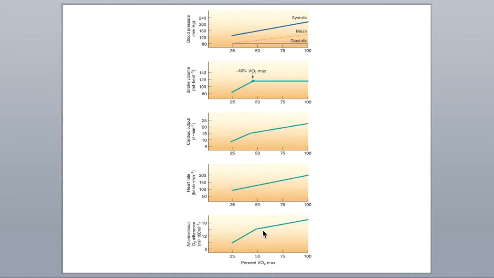And we'll get to this AVO2 difference later on, but basically it's the difference between the amount of oxygen in the arteries versus the amount of oxygen in the veins. That is going to change because we're going to be using oxygen once it gets to the muscles, and then it's going to go into the veins, and there's going to be less oxygen. So that AVO2 difference is actually going to be increased.